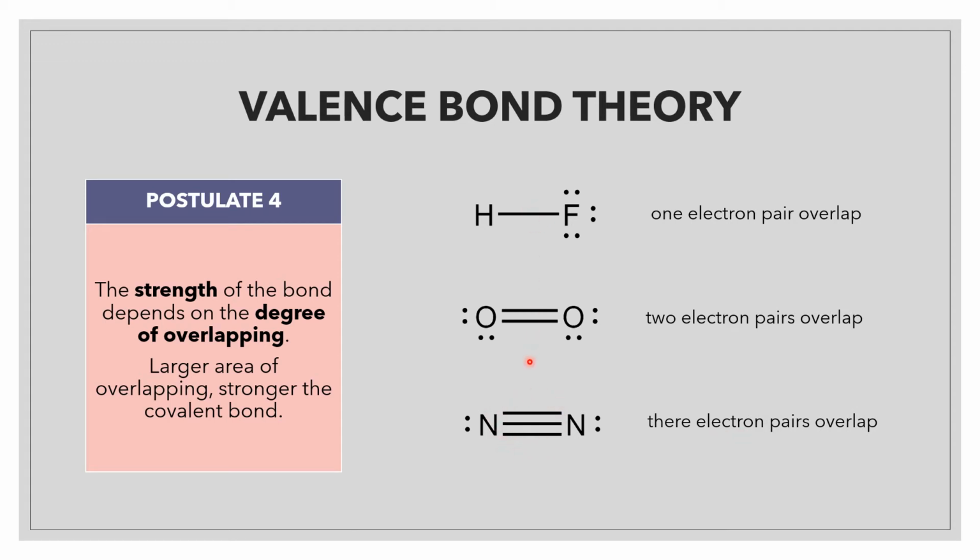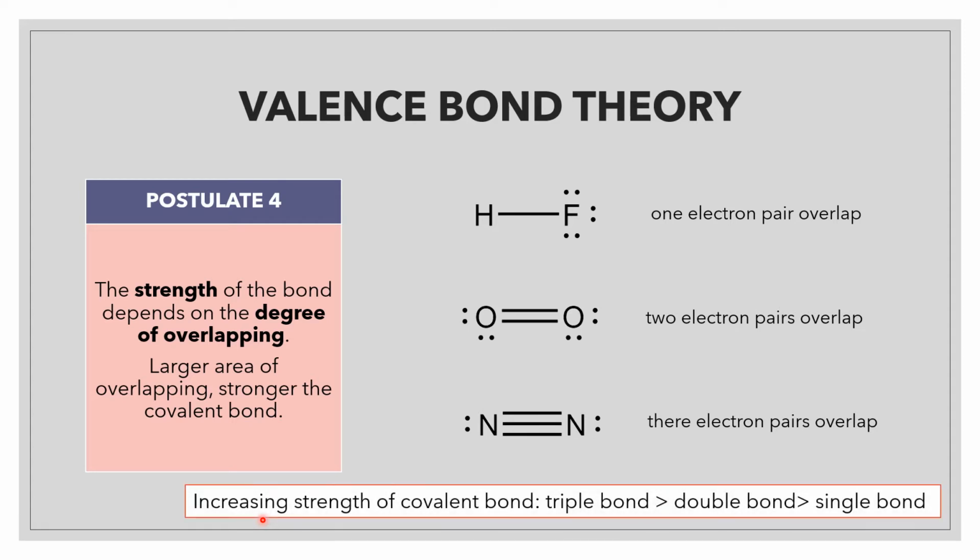So the greater the area of overlapping, the stronger the covalent bonding. This is consistent with what you have learned in the previous lessons, iaitu according to the strength of the covalent bonding, okay, increasing strength of the covalent bonding, triple bond has the greatest strength, followed by double bond dan single bond.